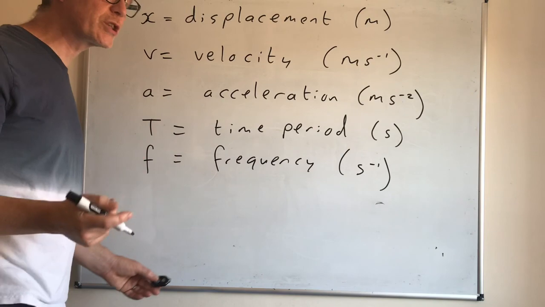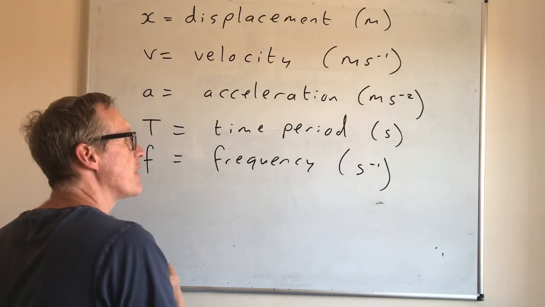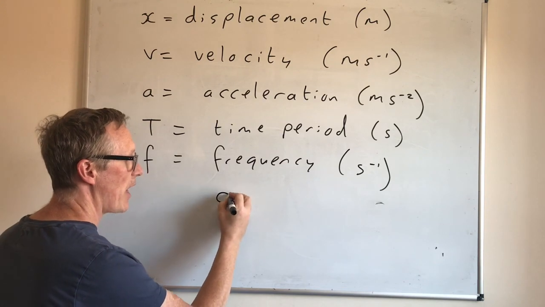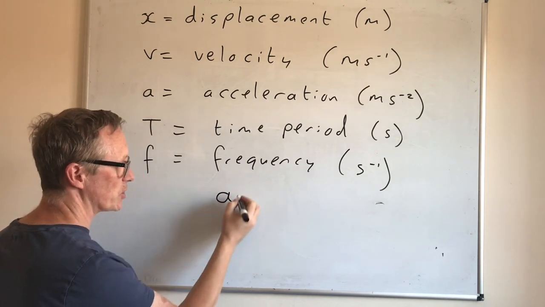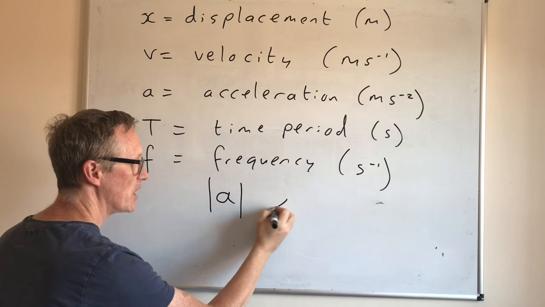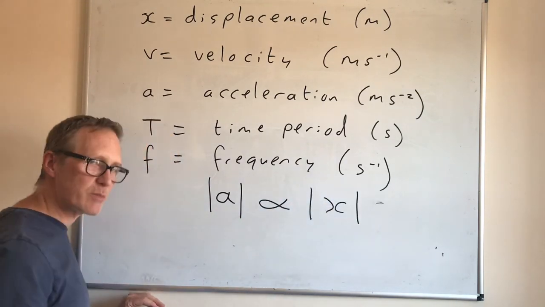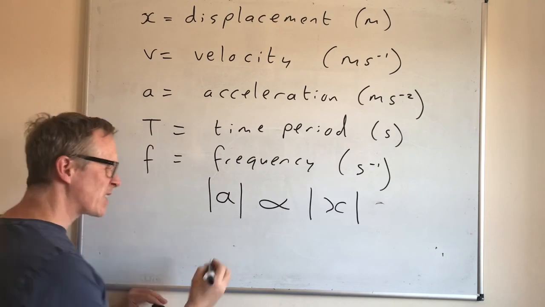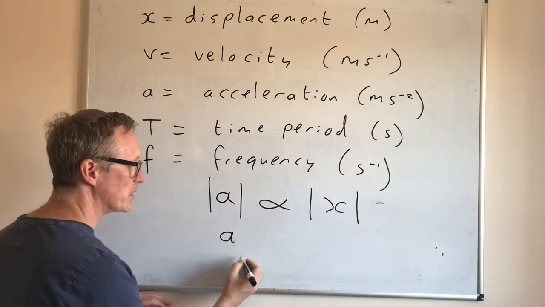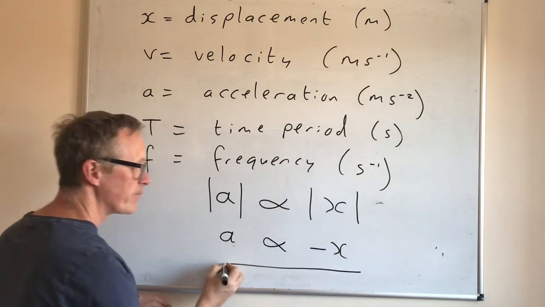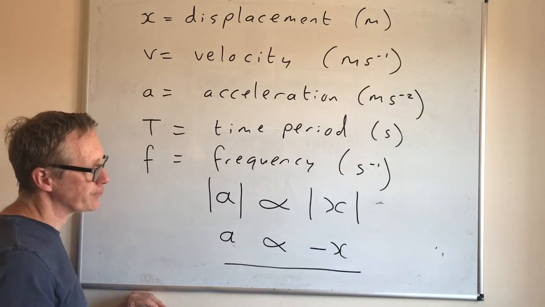Now what we saw with the graphs is that there is a relationship in simple harmonic motion, and it is this, that the size of the acceleration is directly proportional to the size of the displacement. But the acceleration is always in the opposite direction to the displacement.